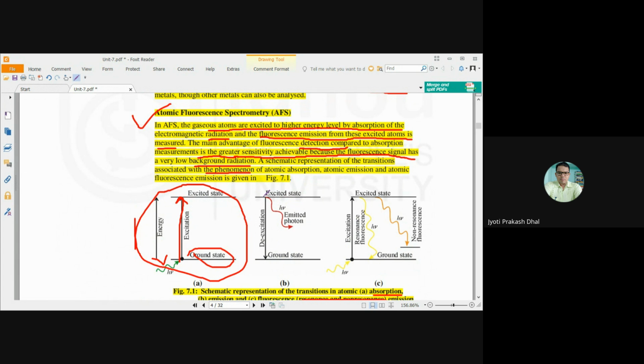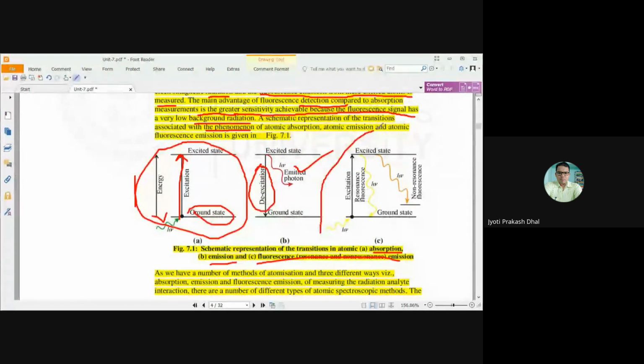So they will move to that type of excited state, and after that they will undergo either non-radiative de-excitation, or de-excitation by emitting electromagnetic radiation of a characteristic frequency, and by analyzing that characteristic frequency we can say which atoms are present in the sample.